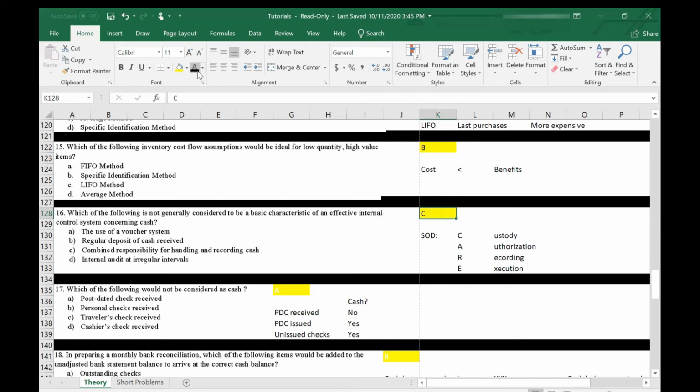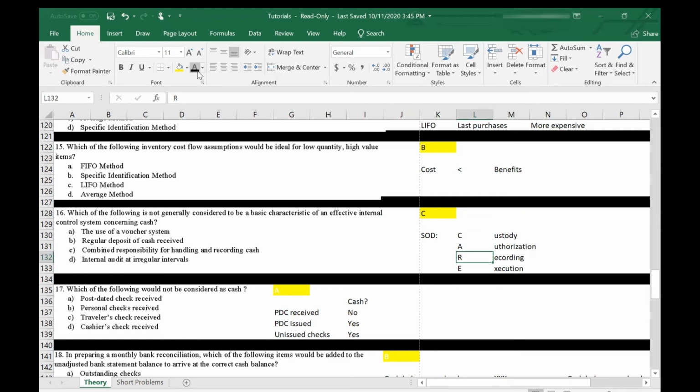When I was studying in our BA 120.1, it was actually just CAR, meaning custody, authorization, recording. The person who holds the money should not be the one who authorizes payments, and should not be the one who records the cash. It should pertain to different persons; the duties should be given to different individuals.